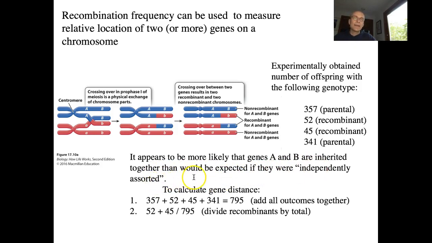So what does that mean? That means that if they were independently assorted, and remember that Mendel coined this term of independent assortment, well, completely independent assortment would mean that they are on different chromosomes, that there's no linkage, that they are independent with respect to each other, whether they go into one gamete or the other gamete.